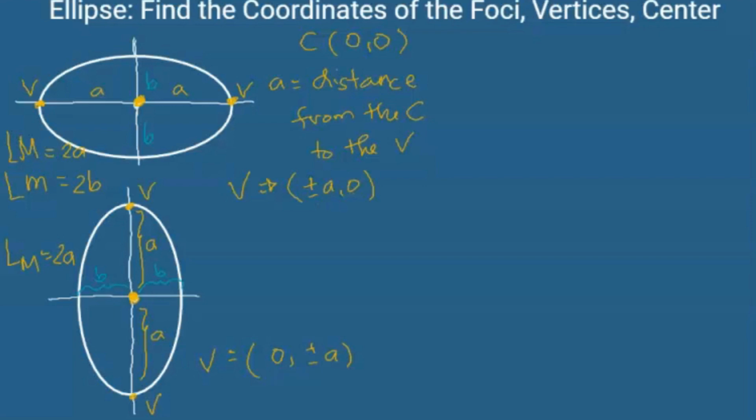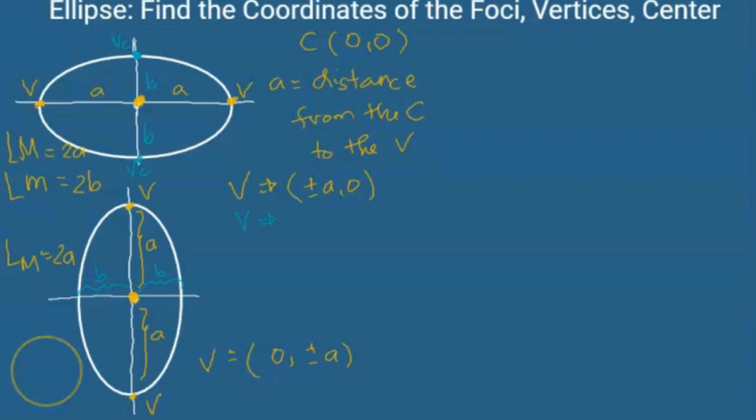We also have the co-vertices, or that's the minor axis vertices. So this one, let's call it VC. So therefore, B is the distance from the center to the co-vertices.